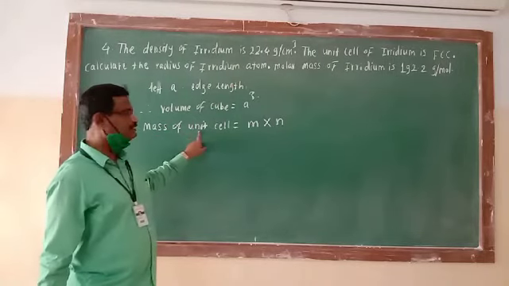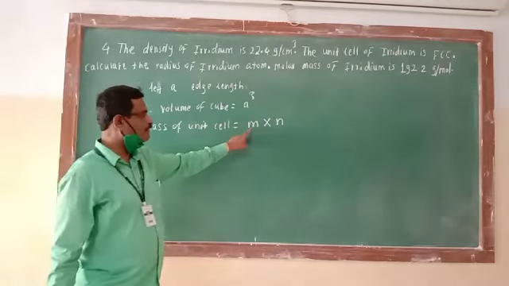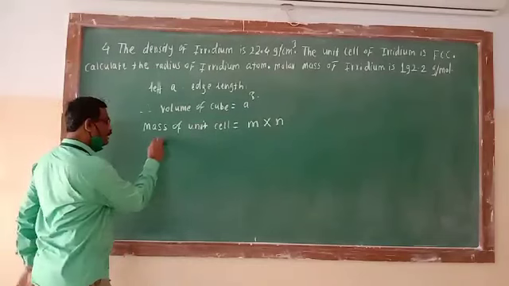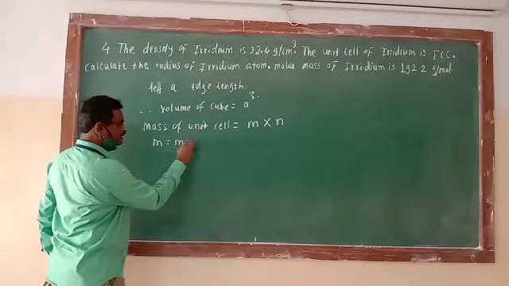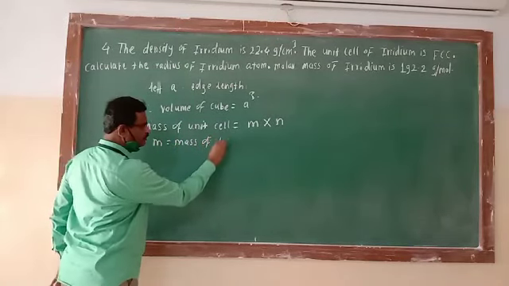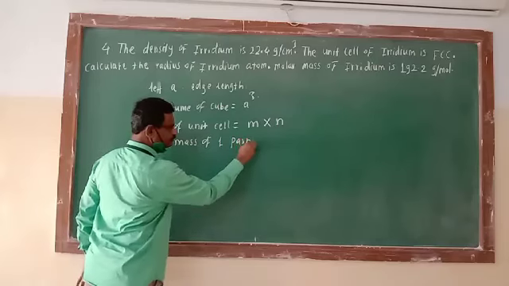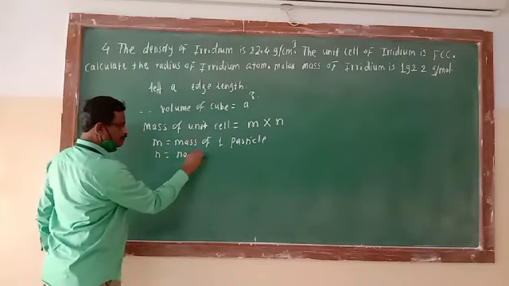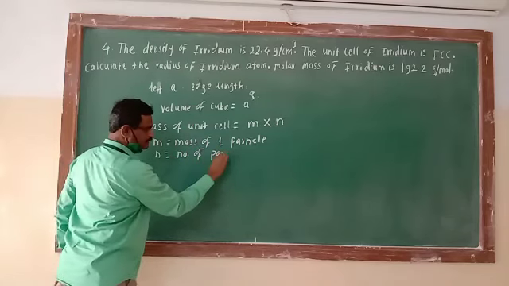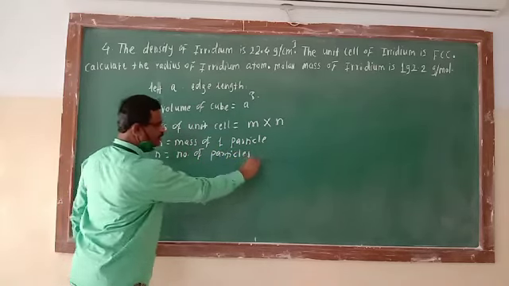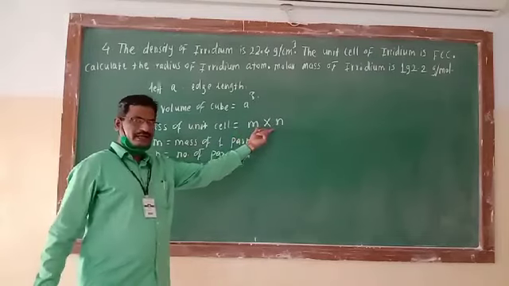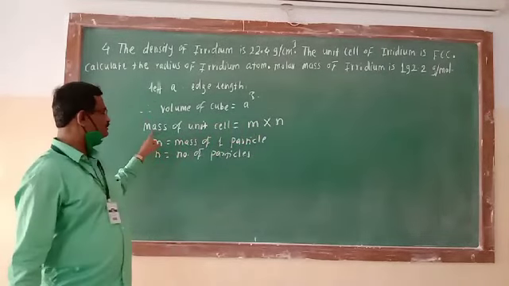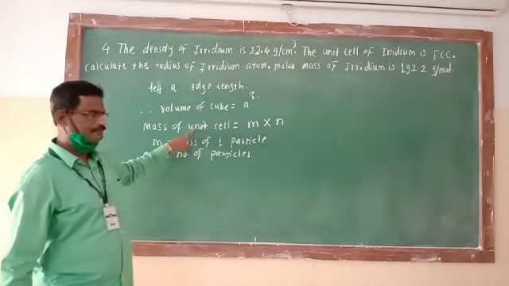Therefore mass of unit cell will be the product of m into n, where small m is the mass of one particle and n is the number of particles. So this product m into n will give us the mass of unit cell.